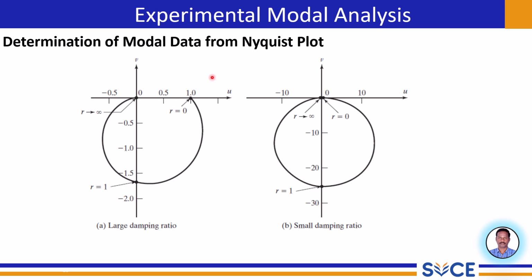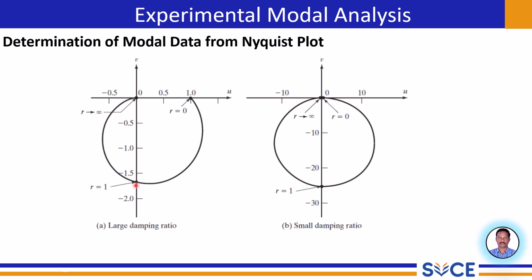Important note for visual estimation: large damping. If the curve around r equals 1 has a wide, flattened shape and the distance from the origin to this region is relatively small, it indicates a large damping ratio.